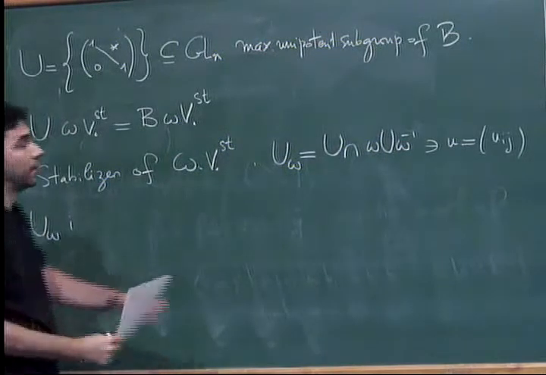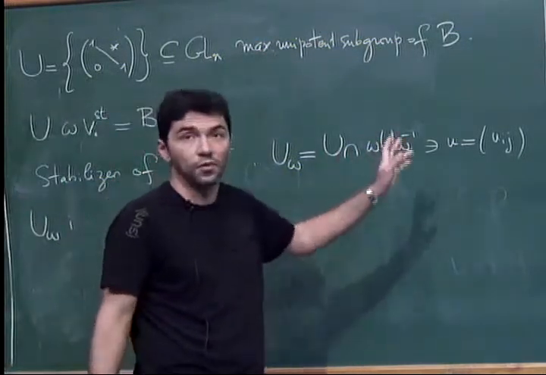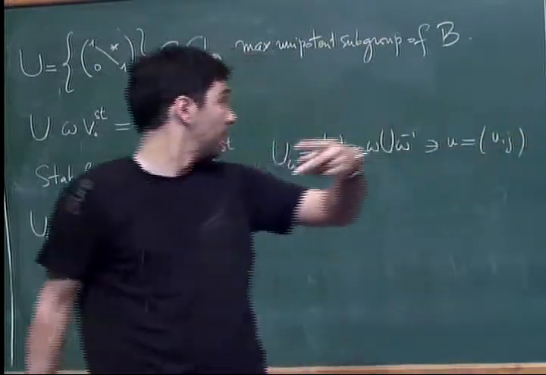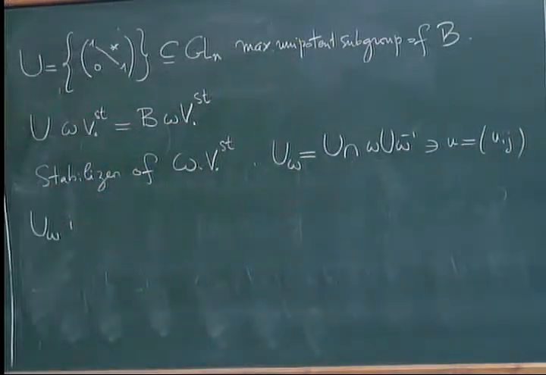The multiplication by omega on the left or on the right is essentially exchanging either the lines or the columns.